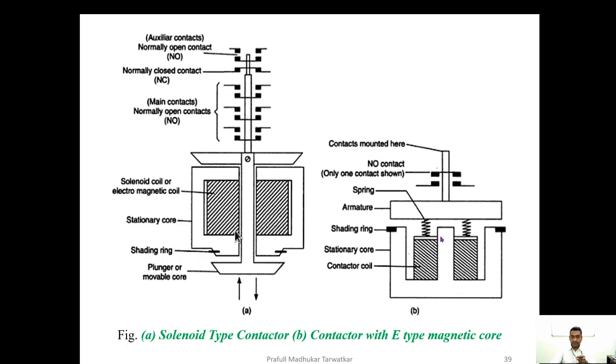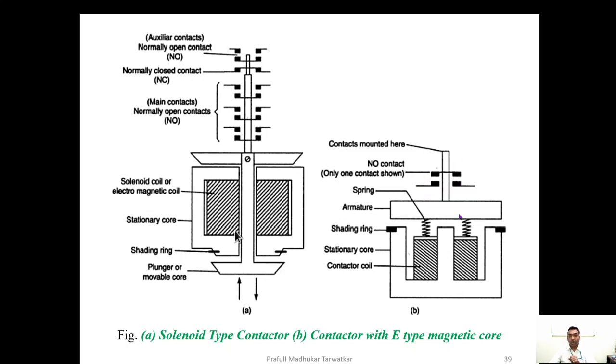You can see here the moving contacts are attached to the spindle, and this is an armature which either moves up or down. When this solenoid coil or the contactor coil gets energized, due to the electromagnetic action, this armature pulls down, and when it pulls down, it closes this moving contact with respect to the fixed contact, and hence the supply from this end goes to this end, and the circuit is closed.